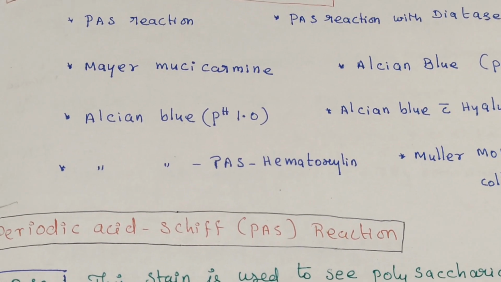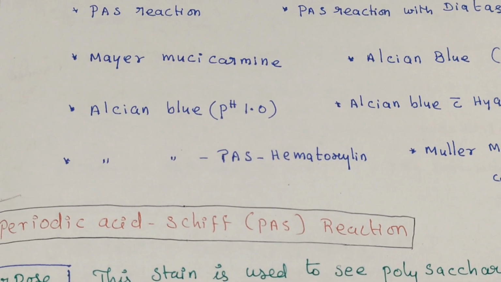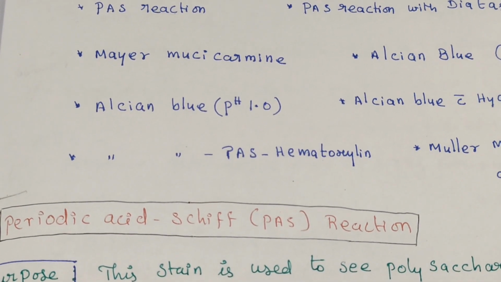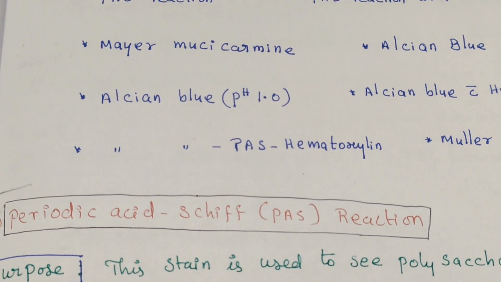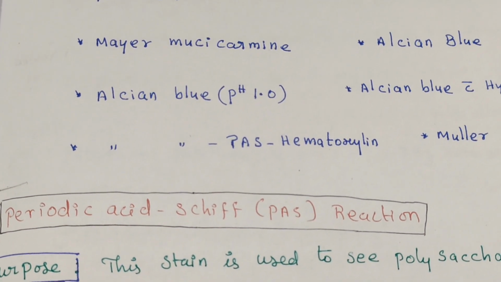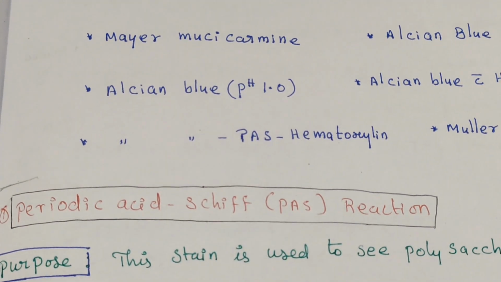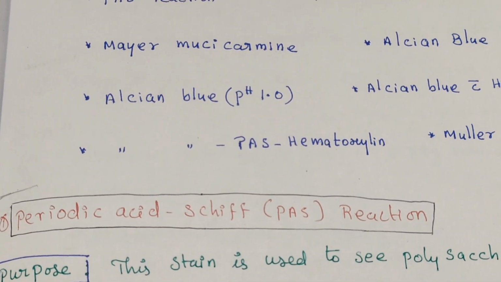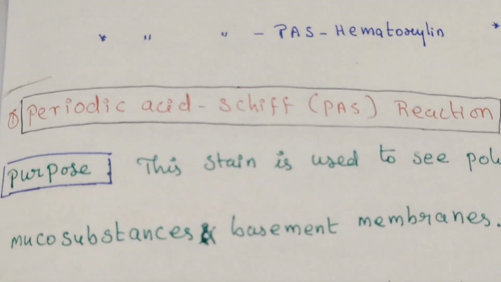We will also discuss the reagents required for each stain as well as the procedure. Some of the stains also have notes about them, and all these things will be discussed for each stain type. The first one is PAS reaction.